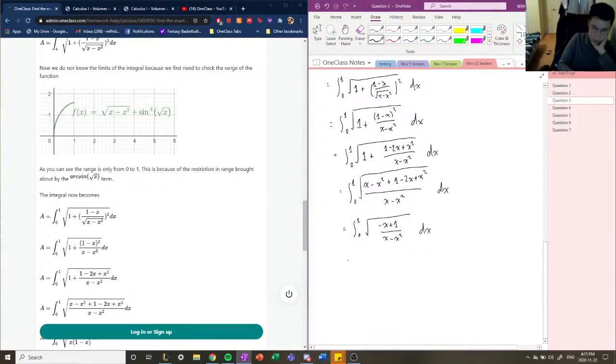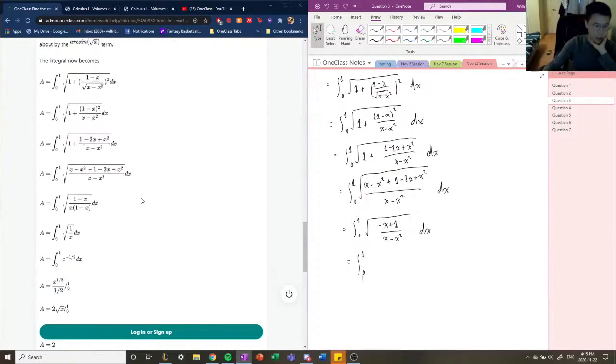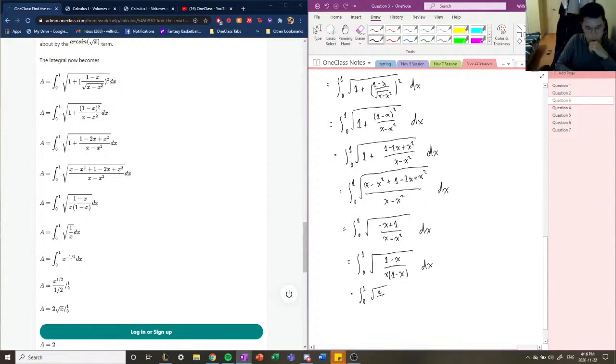Okay? We can keep going with this. We can factor out x at the bottom, and we can cancel out the top and the bottom here. So if we do that, we have the root of (1 minus x) over x(1 minus x) dx, and now we get this, dx.